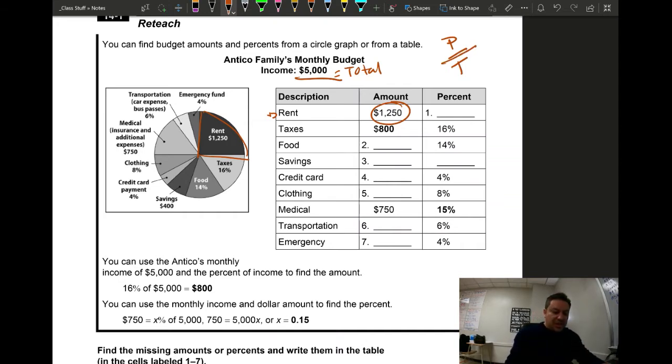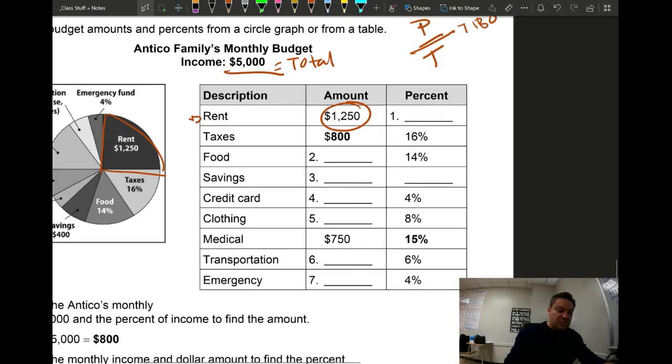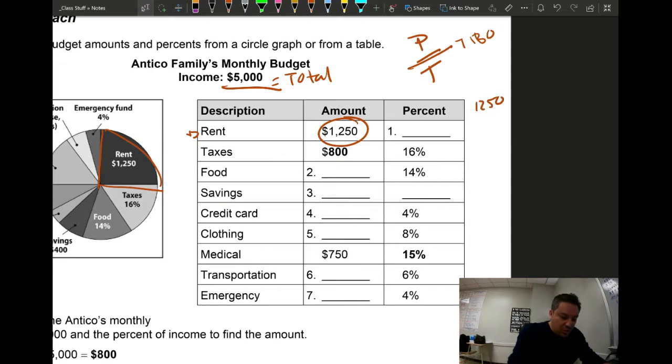Now this is a fraction, and all you have to do is top in, bottom out, and that's it. So in order to actually find out how much percent $1,250 of 5,000 is, all I gotta do is set up a fraction where I'm gonna do $1,250 over 5,000, and then just divide, top in, bottom out.